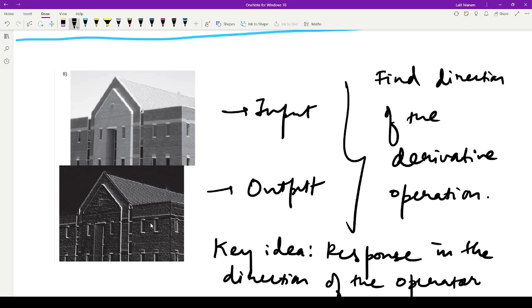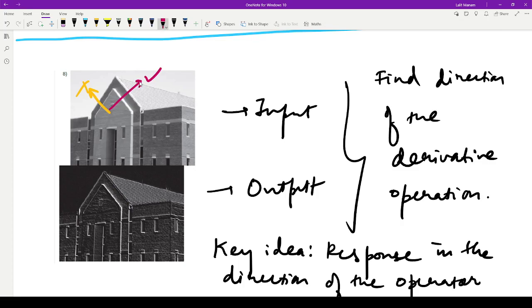Now you can see left, right directions. If you have this specific direction, it is ruled out. This specific direction still exists because you have high response out here.